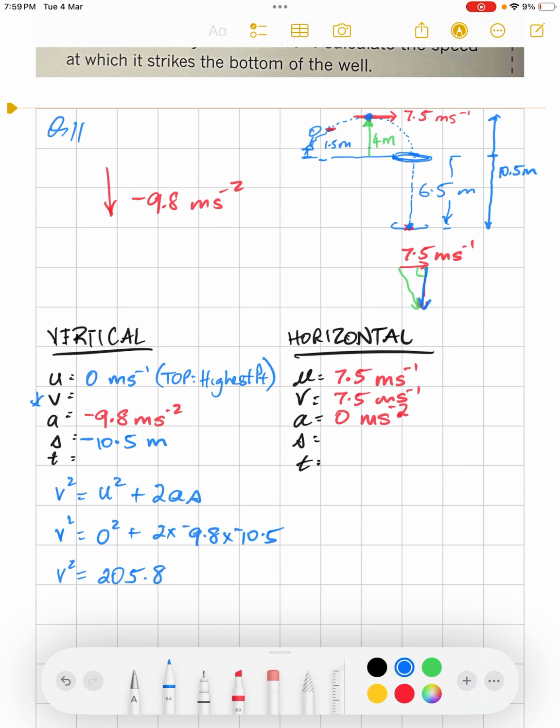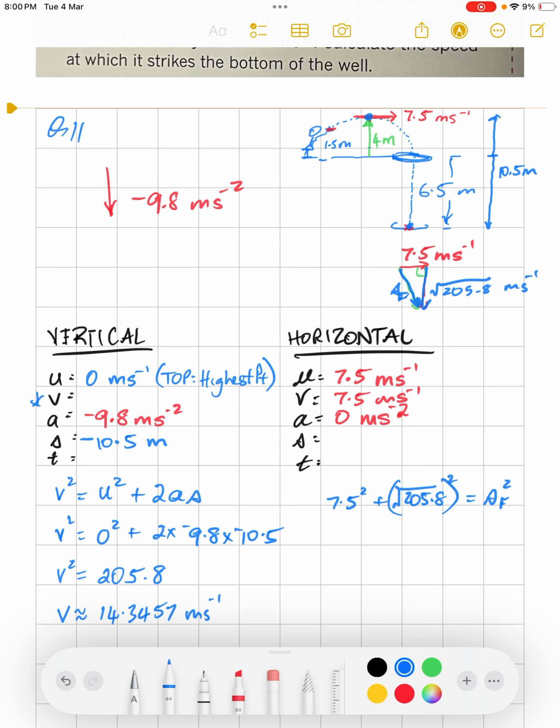Square root of 205.8, and we've got 14.3457, and that is the square root of 205.8 meters per second down. Now we can get our speed by using Pythagoras, so it's 7.5 squared plus the square root of 205.8 squared equals our final speed squared.